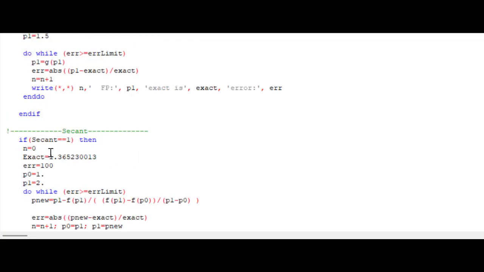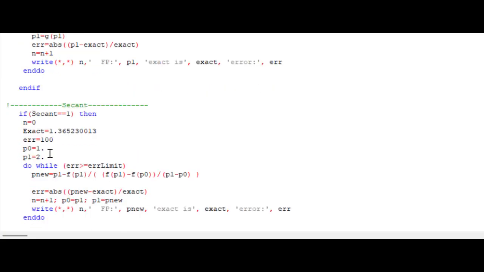Secant method, which is a special case of the Newton-Raphson method. As you know, the disadvantage of the Newton-Raphson method is the need to compute the derivative of the function. So here I just replace the derivative by its approximate value based on finite difference approximation. So for the secant method, you need two initial guesses.